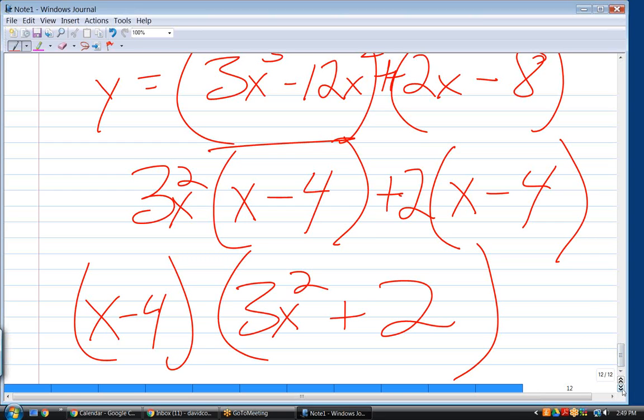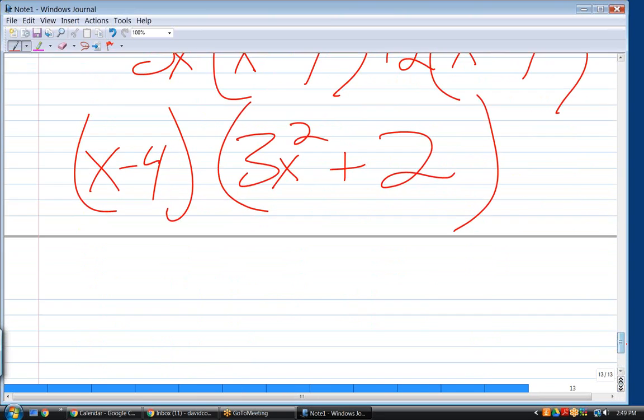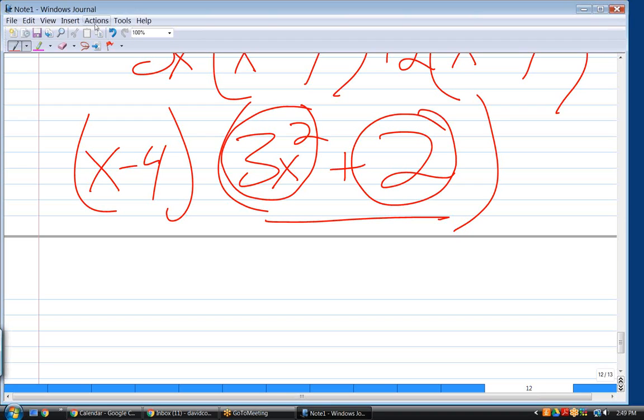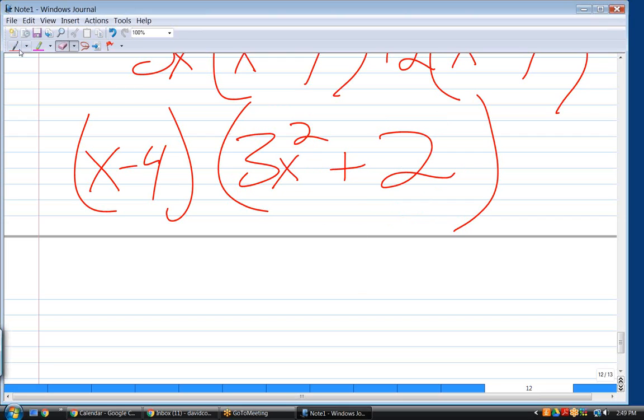And I've solved it. Now, if I want to fully factor it, I've got to apply the quadratic formula to that, because this part of it is going to produce two imaginary solutions. And I know that because that's always positive, and I'm adding a positive number to it, so there's no way that this expression can ever be equal to 0.